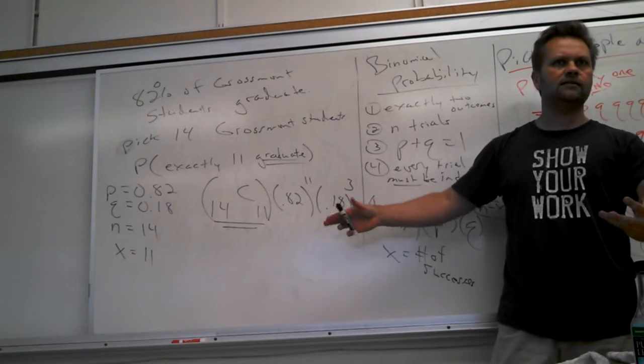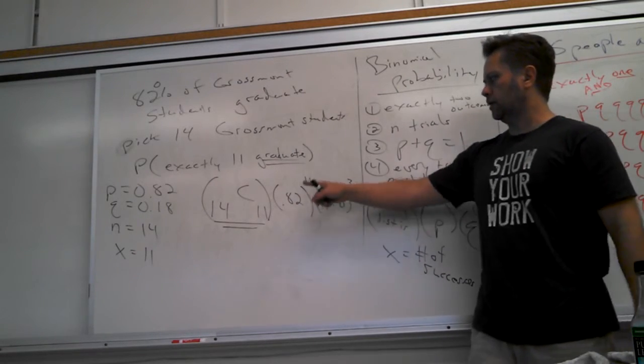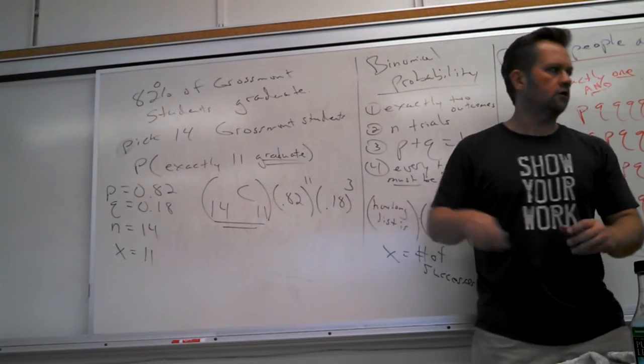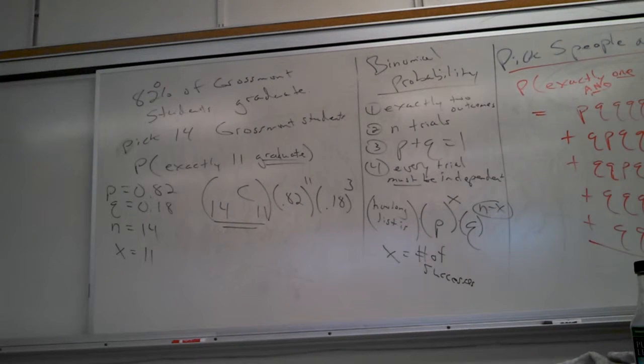It just sets itself up. This many of these, and there are that many ways to do that. So when you do this, you can put it in all at once. So 14 choose 11 times 0.82 to the 11th power times 0.18 to the 3rd power. Those are the other 3 people.